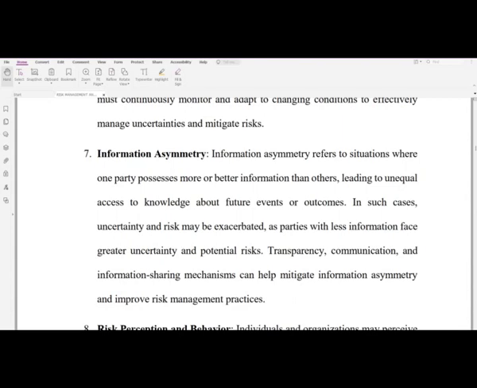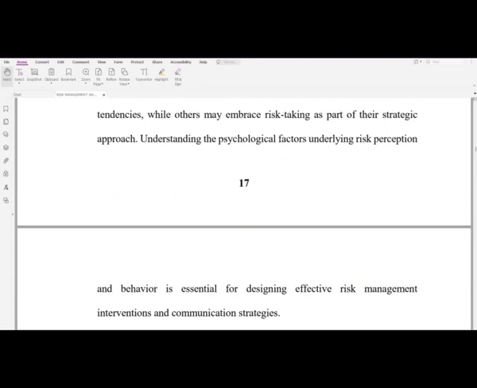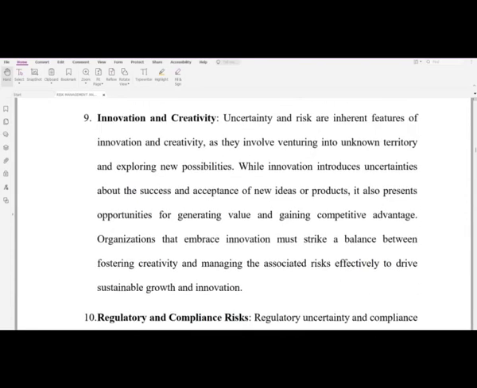In such cases, uncertainty and risk may be exacerbated as parties with less information face greater uncertainty and potential risk. Transparency, communication, and information sharing mechanisms can help mitigate information asymmetry and improve risk management practices.